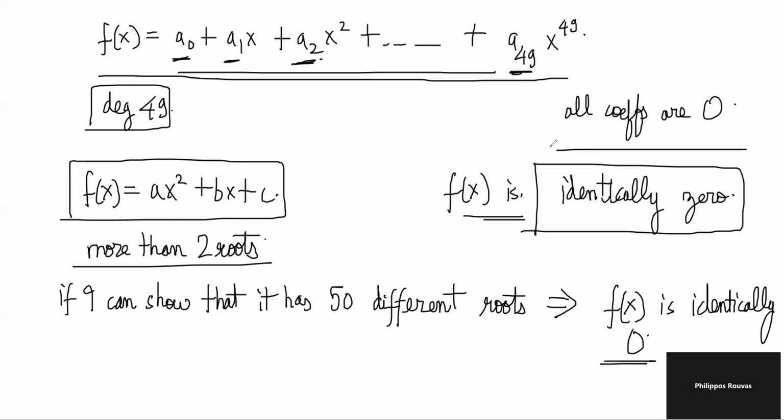Yes. So basically, now we have converted the problem from a sequence and series problem to a polynomial question. And now we will try to think of it in that sense. F of x is a0 plus a1x plus a2x square till a49 x power 49.